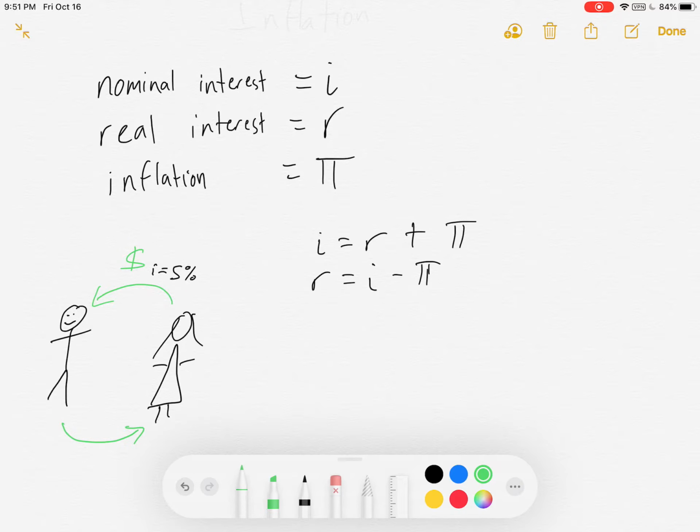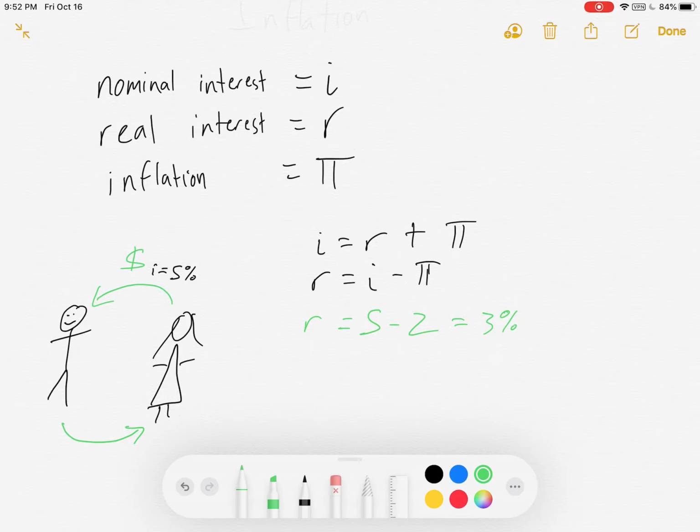And so that 5% interest rate kind of overstates how hard this loan is because the future payments aren't going to be as much. His real interest rate, if the government sticks to its 2% target, is 5 minus 2 is 3%.